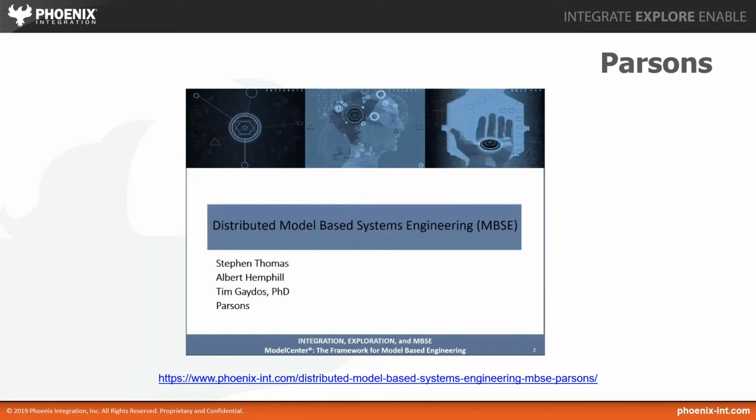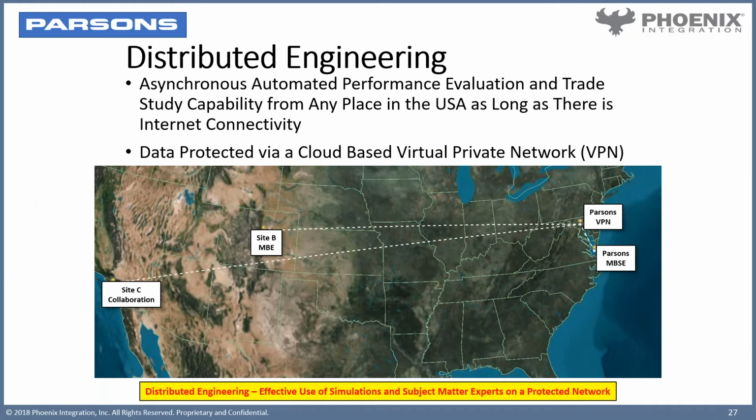Getting into the details of this webinar, I'm not going to spoil it and go into great detail, but I do want to give a little taste about what it encompasses so that you can have some interest in it and go and view it yourself. First off, one main goal or objective for this webinar was to do distributed engineering. In this case, they had engineering sites across the United States, so not all Parsons, some supplier and technology companies as well.